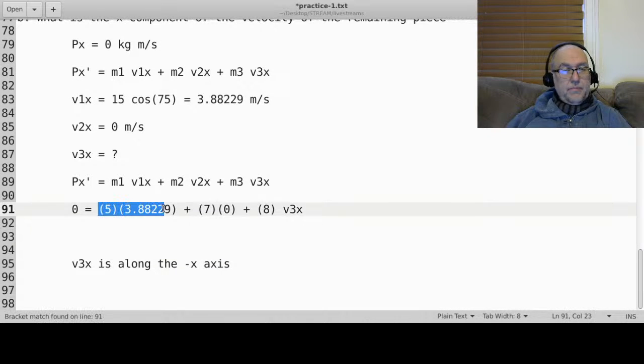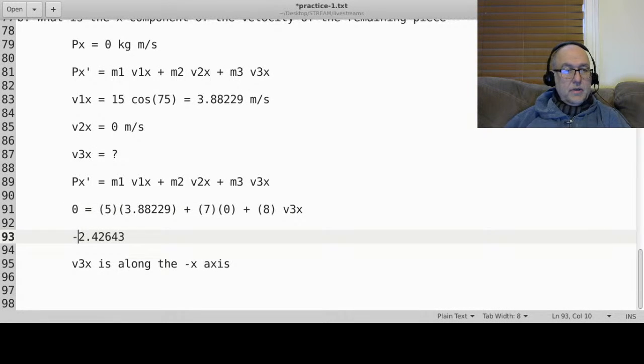Let me work this out. Divided by 8. v3x is going to equal negative 2.426 and so on meters per second.